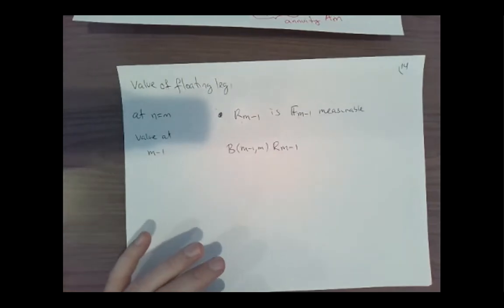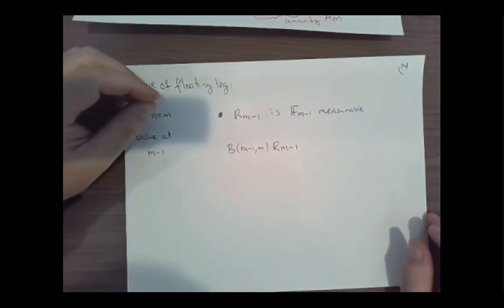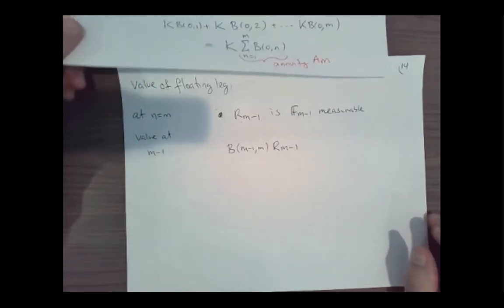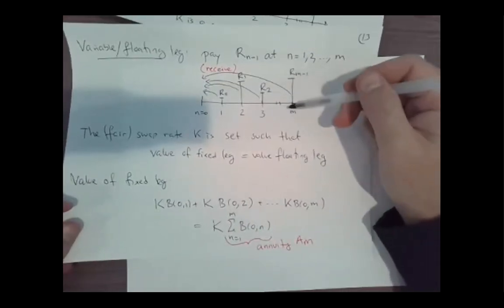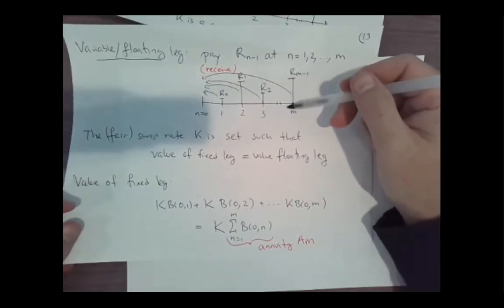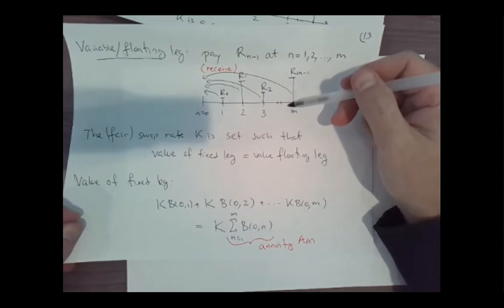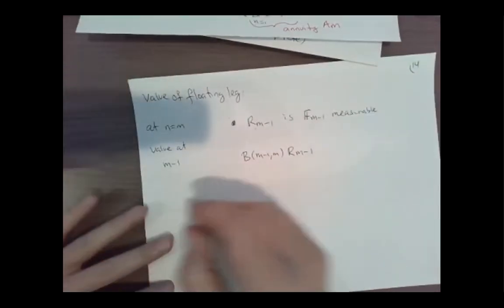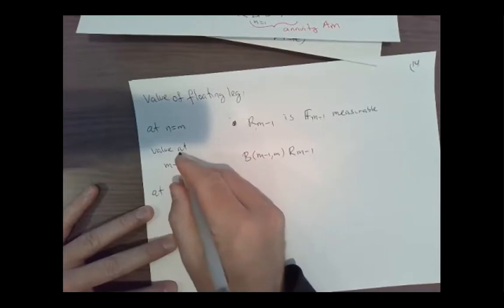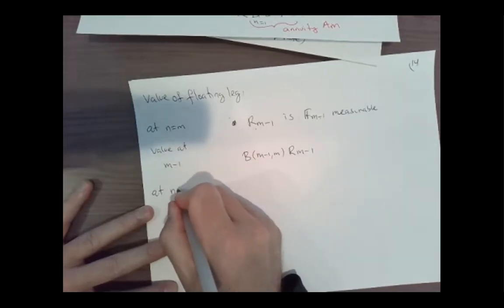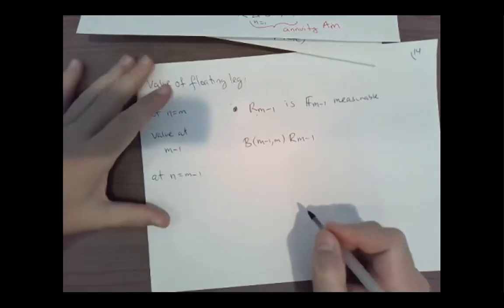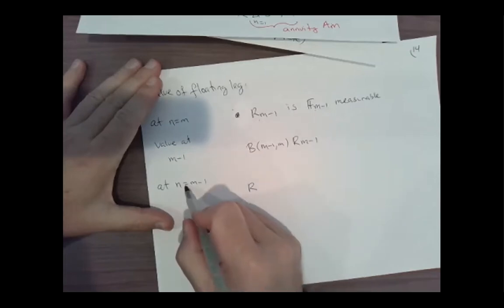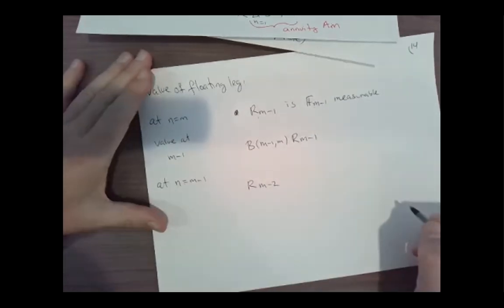Okay, so at time m minus 1, we also get a payment. At time m minus 2, we're going to get R_{m-2}.